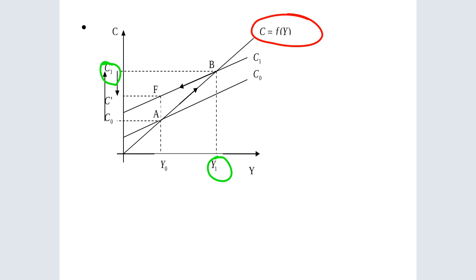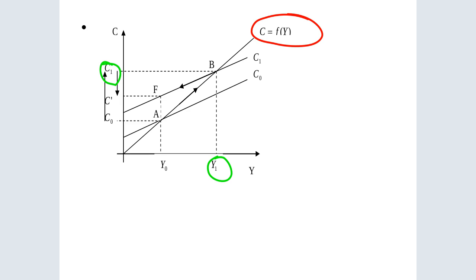Now, if the income falls from Y1 to Y0, the consumer will not simply move backwards on the long-run consumption function. Instead, the consumer will move back on the short-run consumption function.